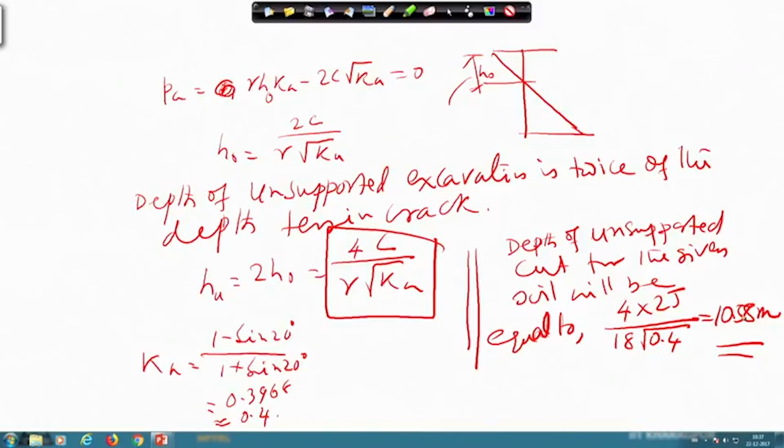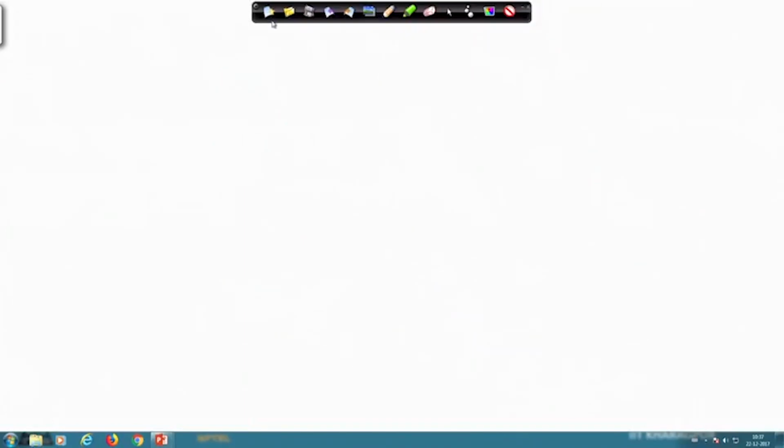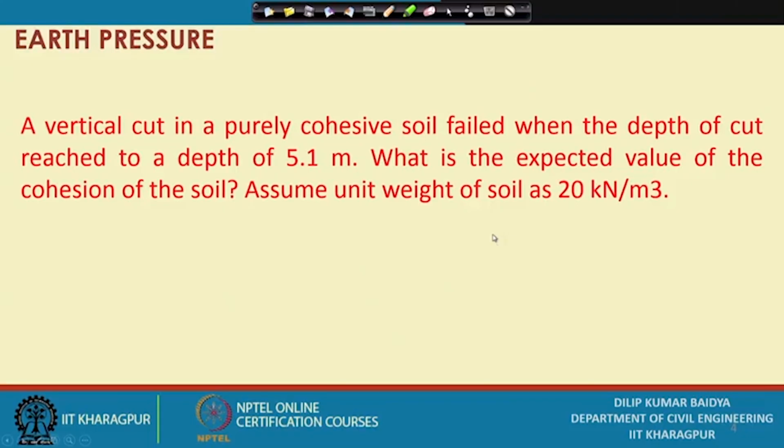This is the beauty of the strength properties of the soil. This happens in the field, and we apply this type of thing frequently. So, this is the second problem. Let us go to the last application, which is again very simple.